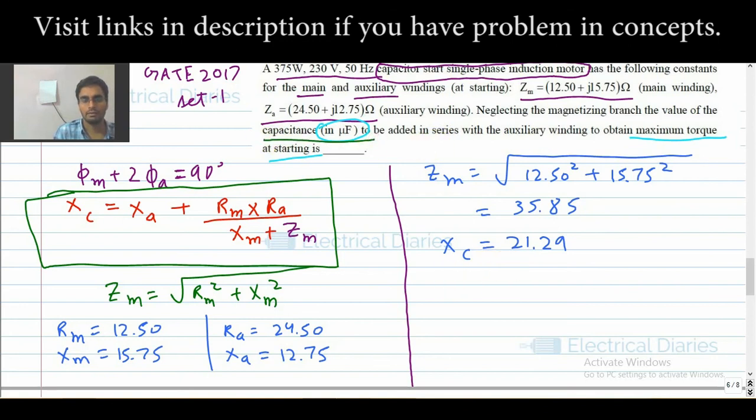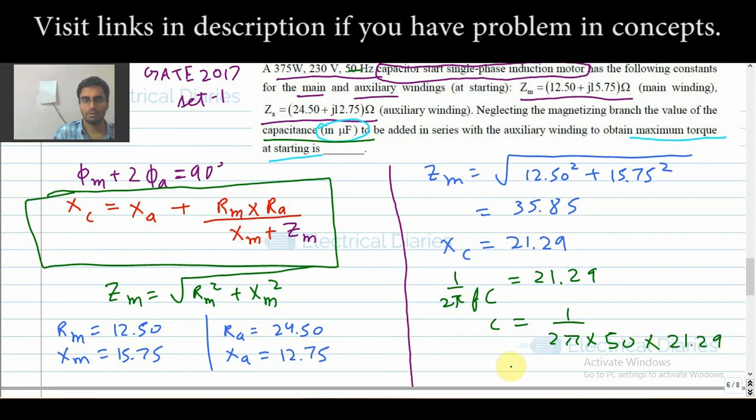Xc is 1 upon 2 pi f C. From here you can easily find C. C will be equal to 1 upon 2 pi into 50 hertz given into 21.29.